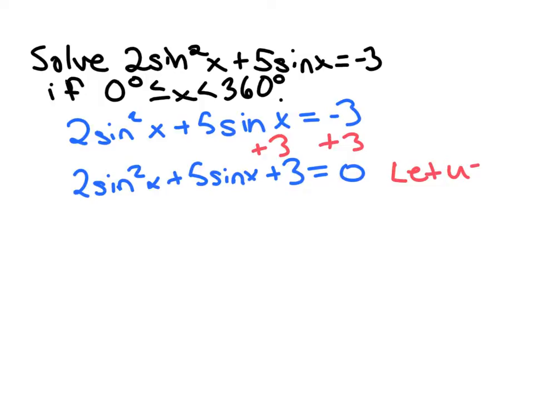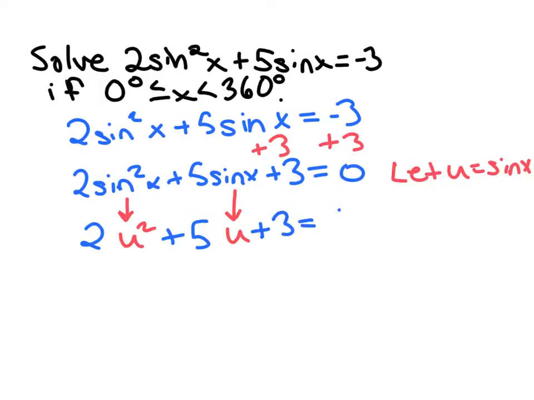You could let u be a stand-in for sine of x. And the way that helps is, sine squared becomes just u squared. Sine of x is just u. And if I copy down the rest of this as is, then now it's the quadratic equation that you're used to.